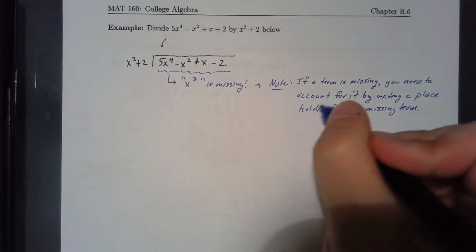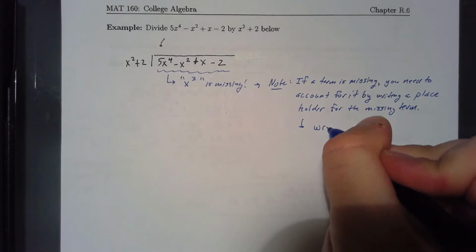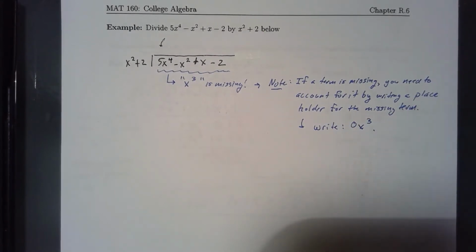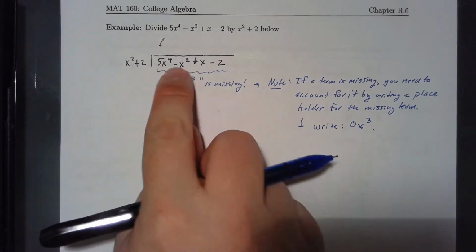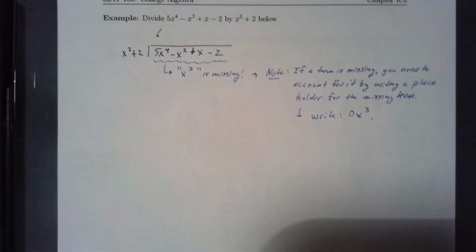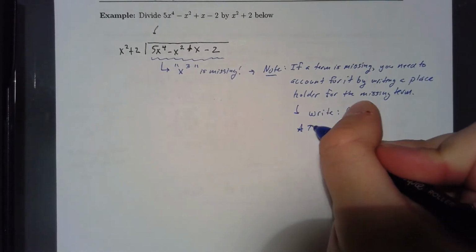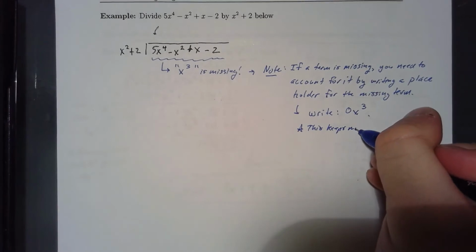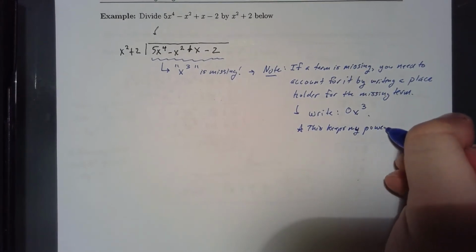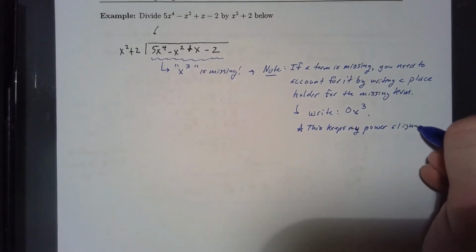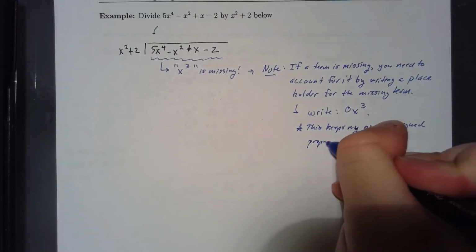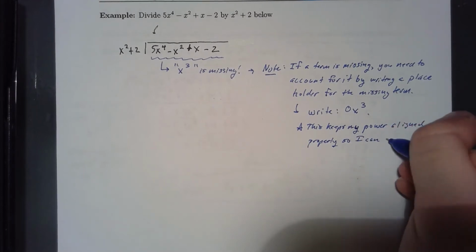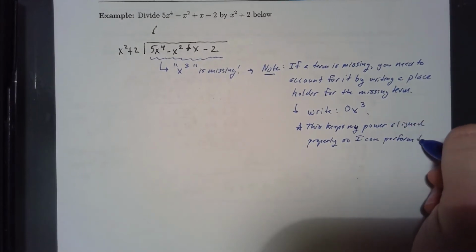So in this case, what I'm going to do is write 0x cubed. I'm just going to write a placeholder so I can keep all my terms aligned. So this keeps my powers aligned properly so I can perform the long division.